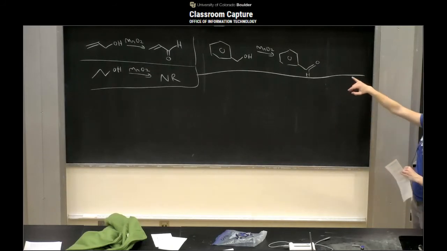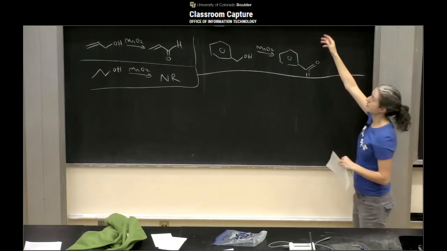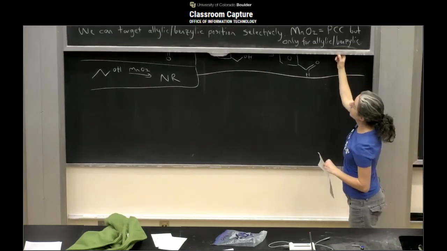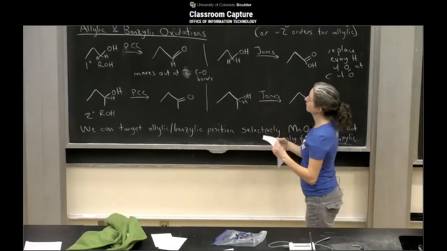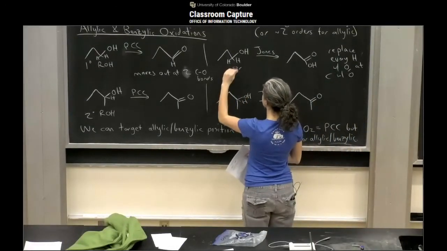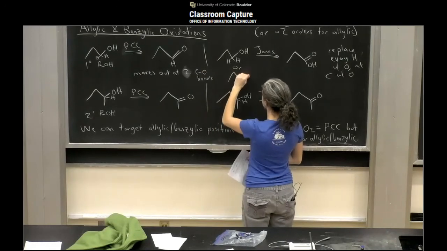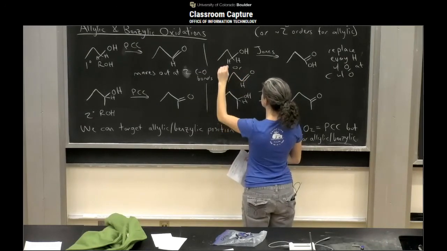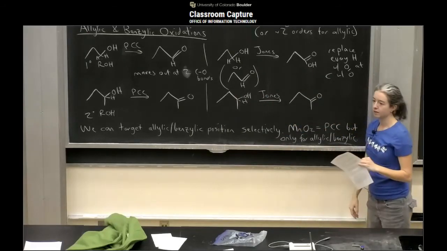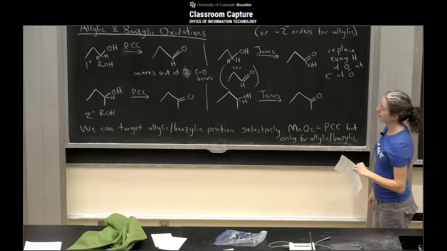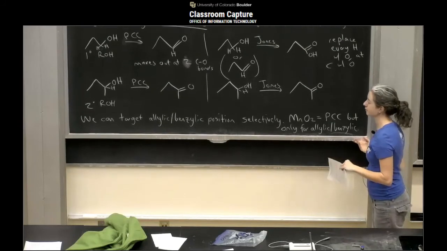So we start with either an alcohol or, though I didn't show it as an option, something that's already partially oxidized. Let me add that in here. You can start with the aldehyde, oxidize that with Jones, and you'll get to the same point. But in all these cases, it's got to have at least one bond to oxygen.